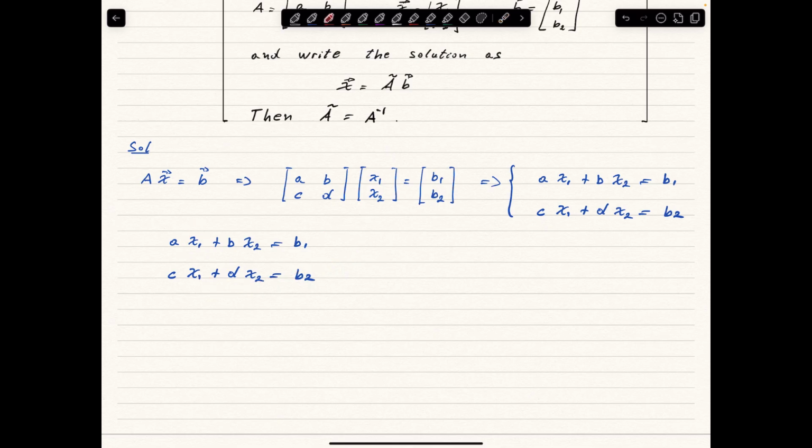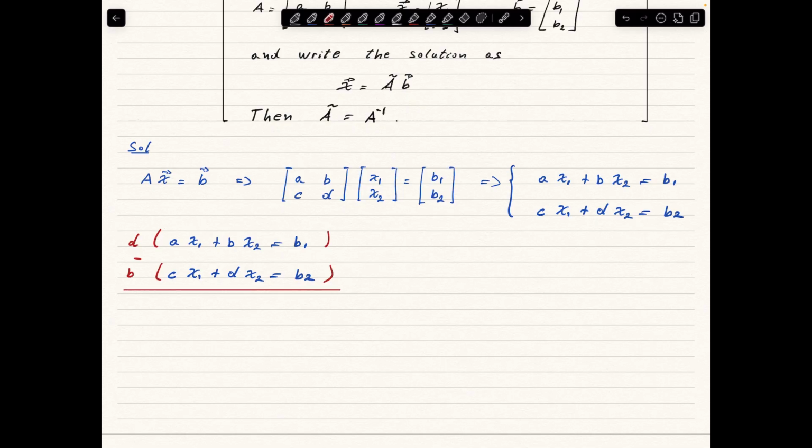But we are going to do something slightly different, that involves fewer assumptions on the coefficients. And what we are going to do is multiply the first equation by the coefficient d, the second equation by the coefficient b, and subtract these two equations.